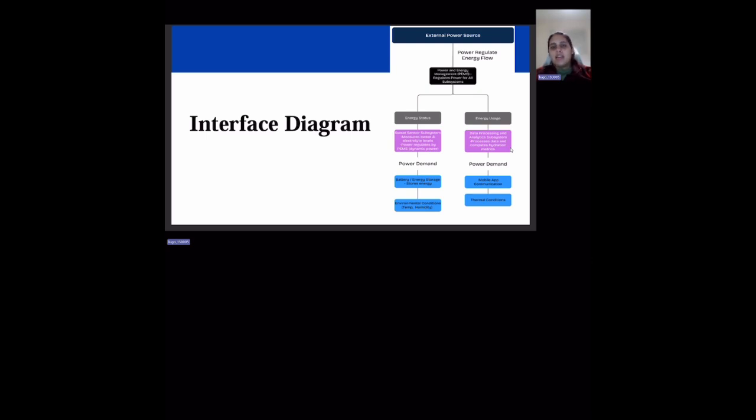For the energy status, we have the sweat sensor system, which measures sweat and electrolyte levels, and it creates a power demand. So we're going to find the battery energy storage and also the environmental conditions like temperature and humidity. From the energy usage, we have the data processing and analytics system. That breaks down into a power demand that covers the power, the mobile app communication, and also the thermal conditions.